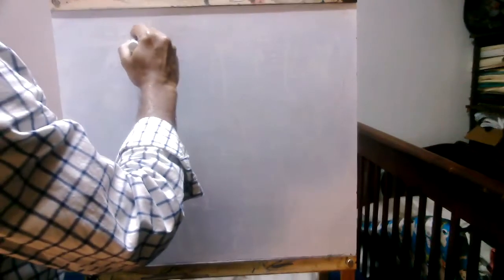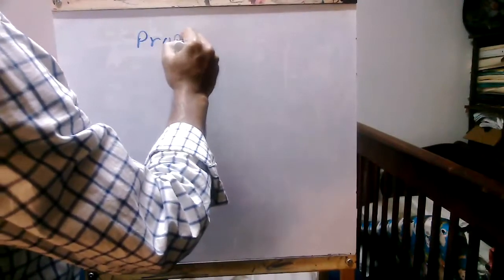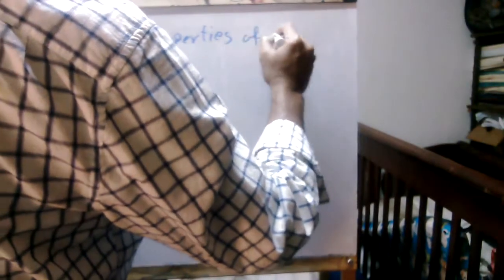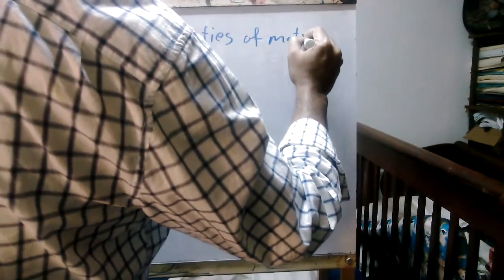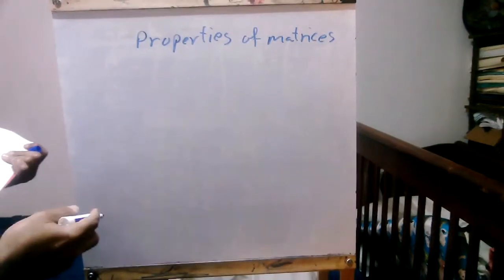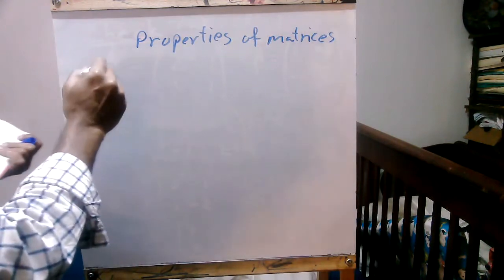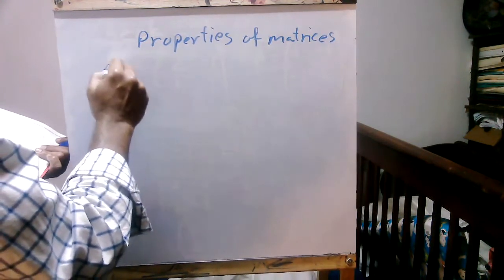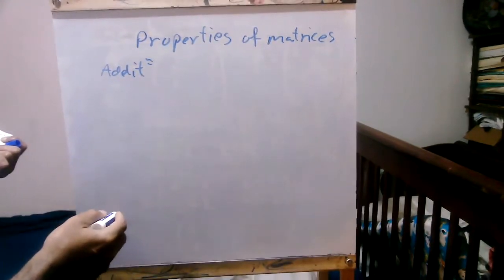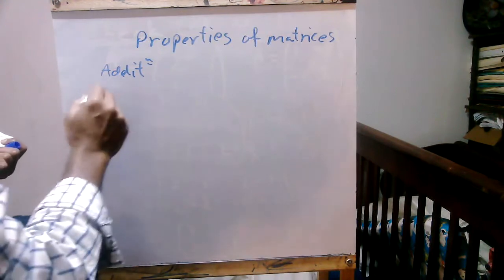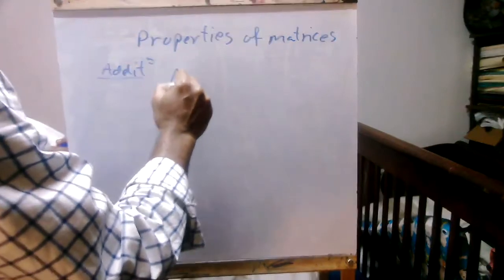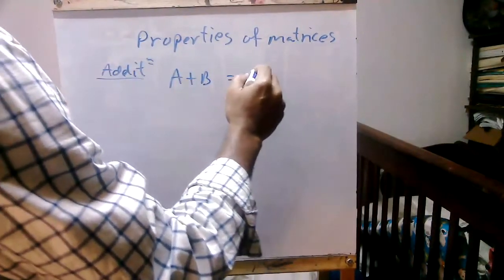Properties of matrices. Their addition is commutative, means under addition A plus B is the same as B plus A.